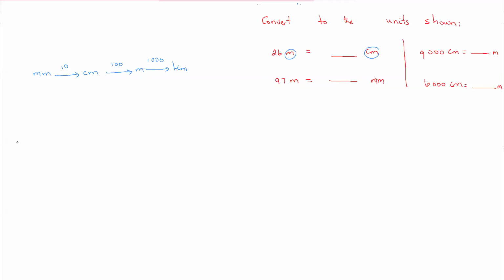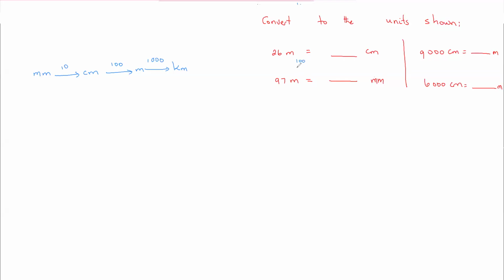First things first, you look at your chart. In between meter and centimeter, you look at what's above. Above the meter and the centimeter, it's 100. So that means there are 100 units in between them.